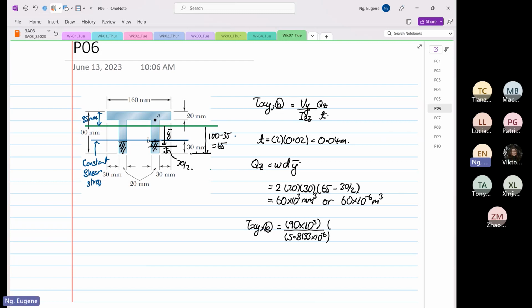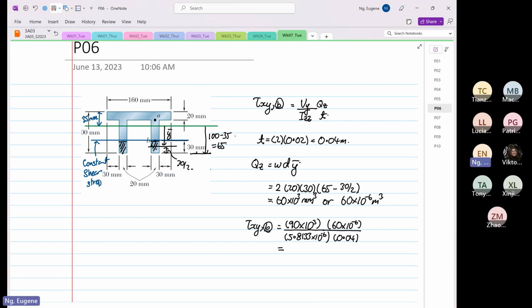And then we know our Qz is 60 times 10 to the power minus 6, and our thickness is equal to 0.04. So when we work this out, 90 times 10 to the power 3 times 60 times 10 to the power minus 6, divided by 5.8133 times 10 to the power minus 6, divided by 0.04, is equal to 23.20.